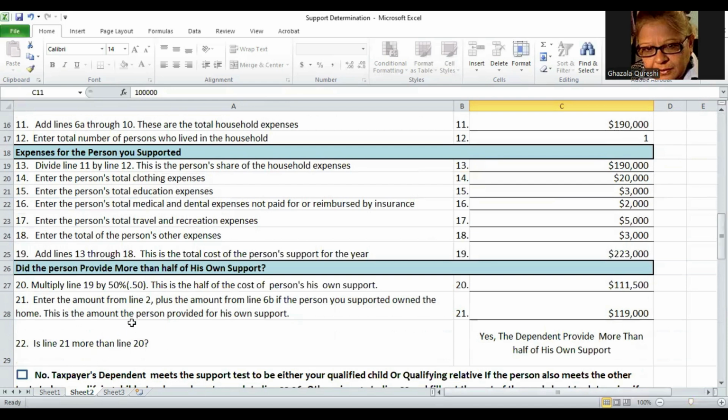This is the amount father provides for his own support. We ask on line 22 if line 21 is more than line 20. Line 21, which is 119,000, is more than 111,500. Therefore, the father provides more than half of his own support.